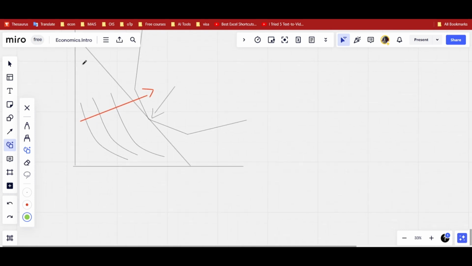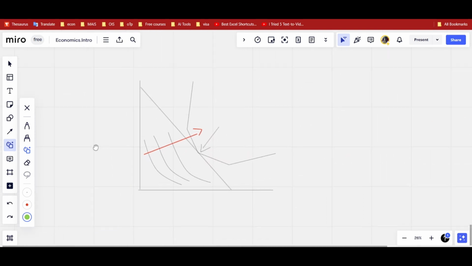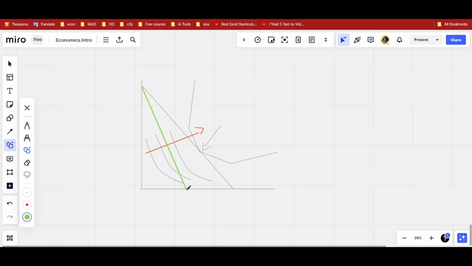So we see that you're moving this way, and originally you used to be at this point, where you're getting a lot of satisfaction. Let's say your new indifference curve is here, you have now moved to this point, so your satisfaction has decreased because your real income has decreased. So just think of it again, here you could buy, let's say, 20 bananas and 10 apples.